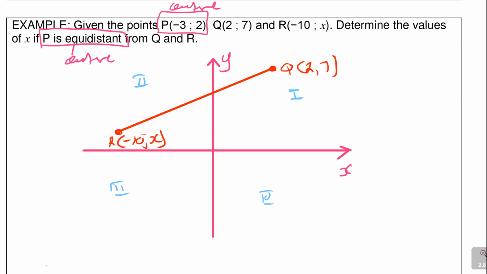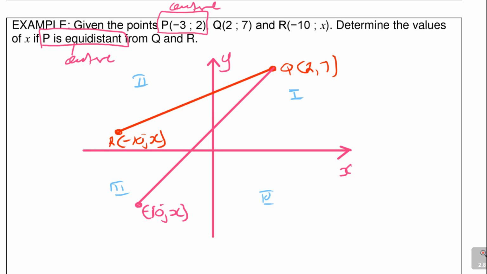If I draw it, it can even be here. Q doesn't change, but R can be maybe in this quadrant. That's quadrant number 3. So you see that we've got two different possibilities of R, which is still negative 10 and x, but here it will be negative, there it will be positive.